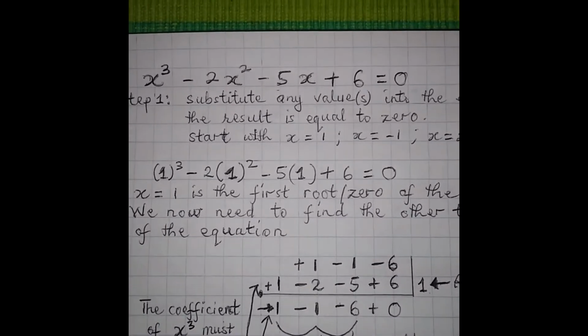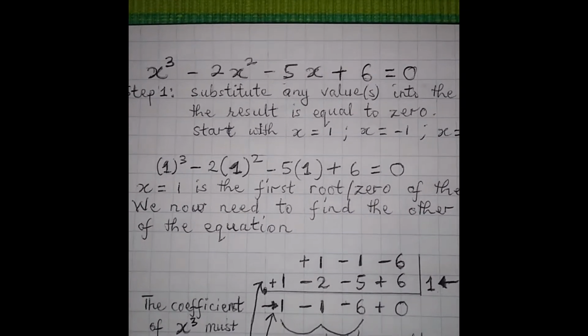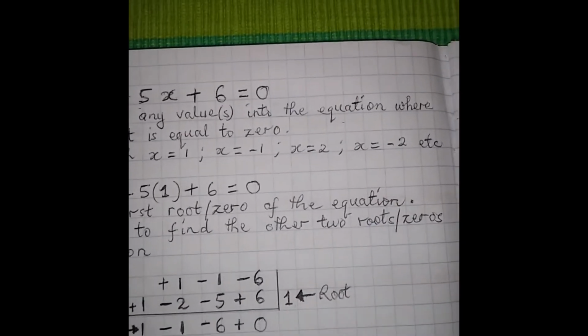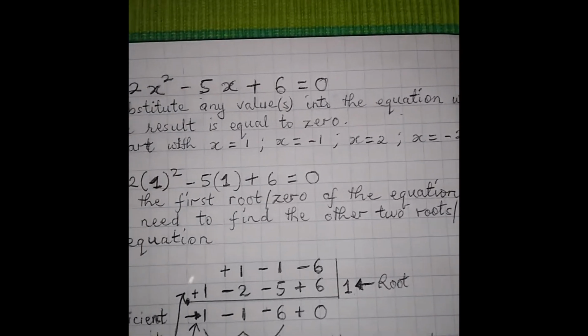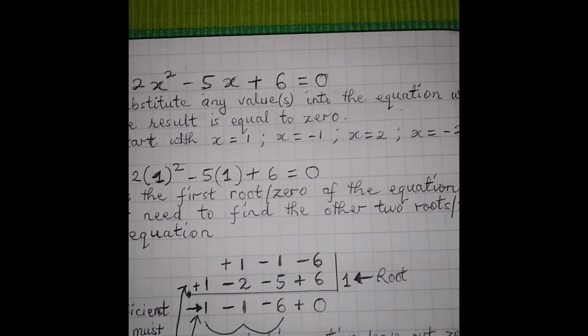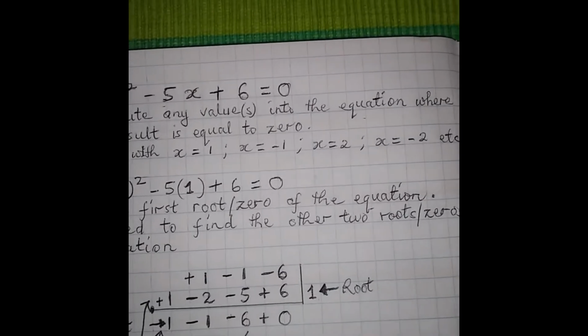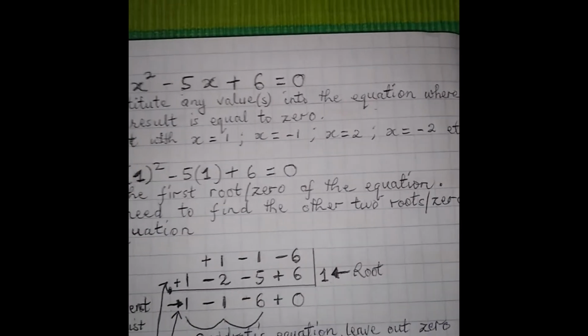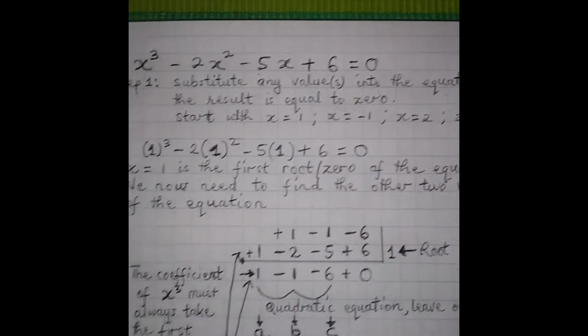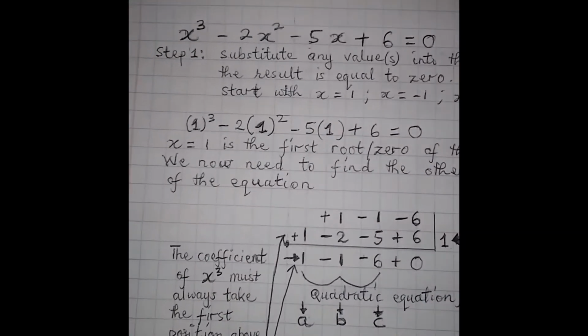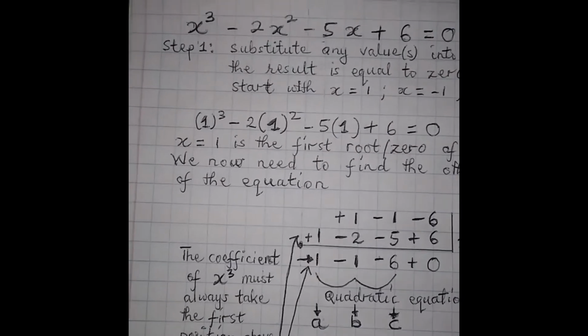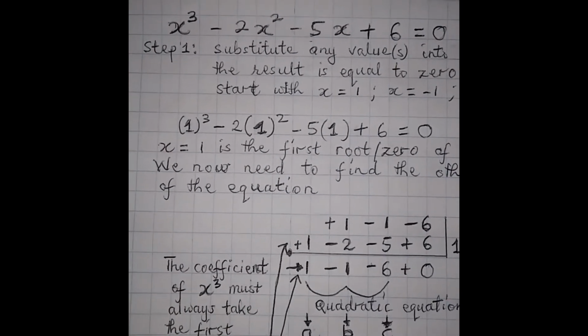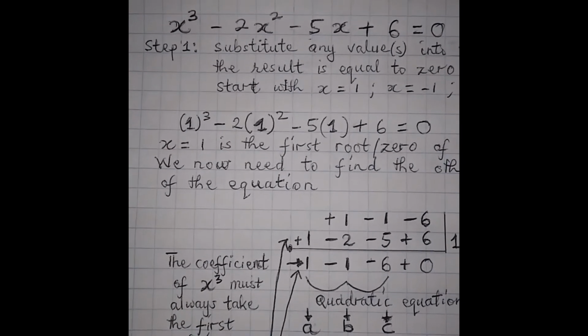So in this case, the first value we want to try now is positive 1. If it does not work out, we use negative 1. If it does not work out, we use positive 2, negative 2, positive 3, negative 3 until the entire equation is equal to 0. So in this case now, we take the entire equation as you can see and plug in positive 1.